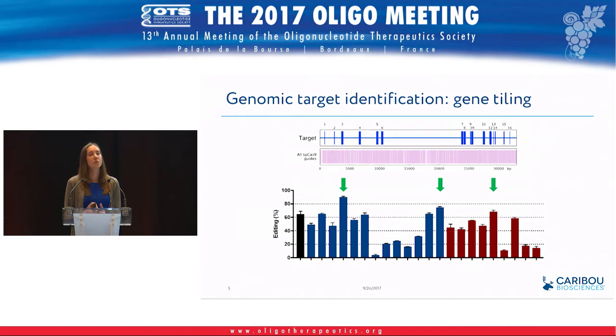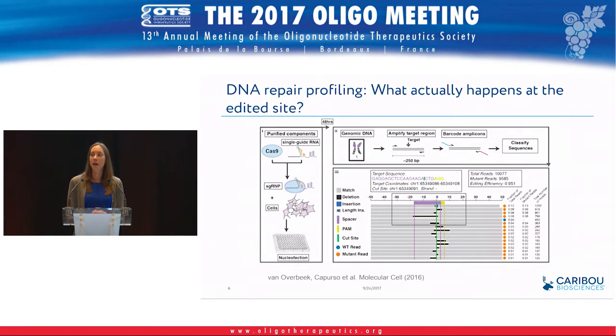So truly understanding the nature and the potential functional consequences of the changes you make at that site are incredibly important and have to go hand in hand with understanding the efficiency and therefore the potential potency of these particular reagents. And so as we have approached this problem, this is really why we rely heavily on our high throughput deep sequencing pipeline in order to truly understand what's happening.